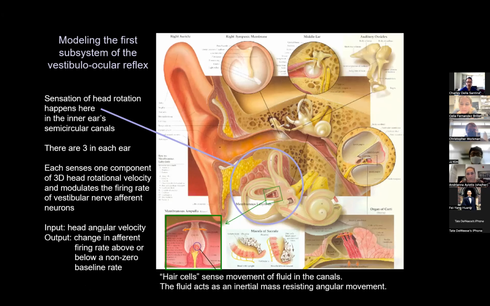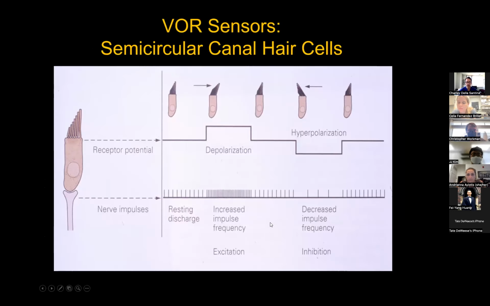In this case, there's a little gelatinous thing called a cupula that's blocking movement of the fluid with respect to your head, so when you turn your head, it bends that cupula. It deflects the hair cells that are embedded in that cupula, and that's the mechanical signal your body gets to say that your head is rotating.